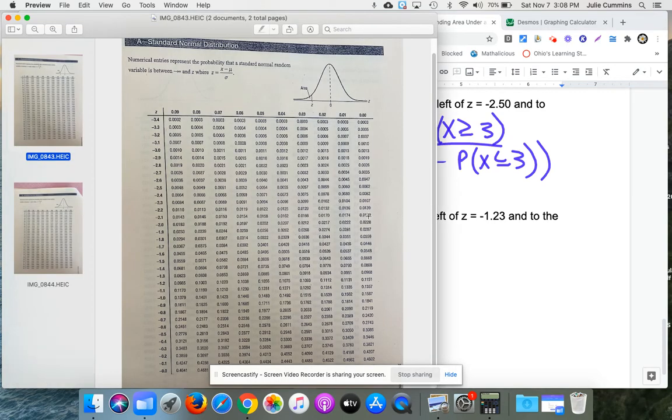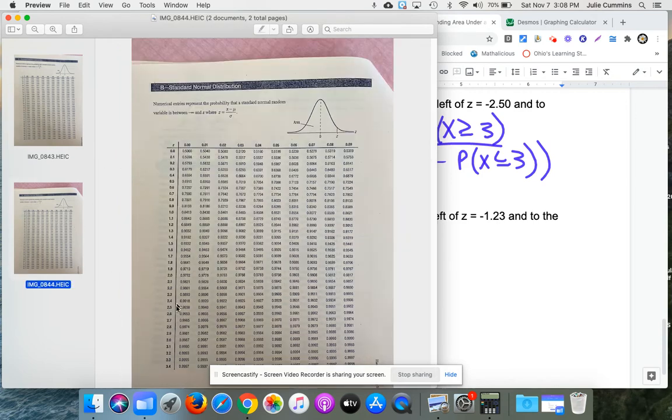First, we want area to the left of negative 2.5. So we're in table A. So here's negative 2.5, and then we need to go all the way over here. So we get 0.0062. And then we also need area to the left of 3, and that's going to be on the next page. We're going to go to 3.0, so 0.9987.